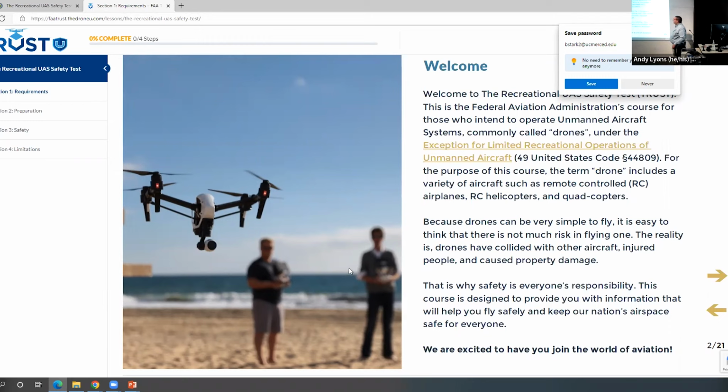But the reality is, drones have collided with other aircraft, injured people, and caused property damage. Now, I don't care too much about the property damage one, but the injuring of people is one that we should really make sure that we understand. That is why safety is, of course, important for everybody.